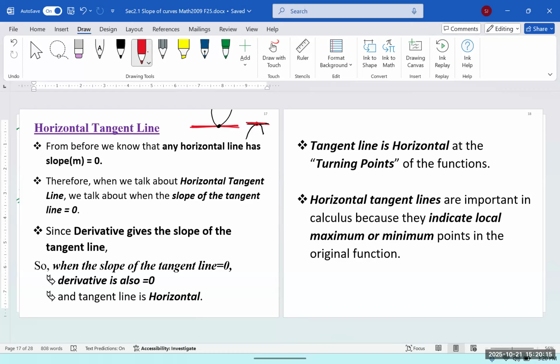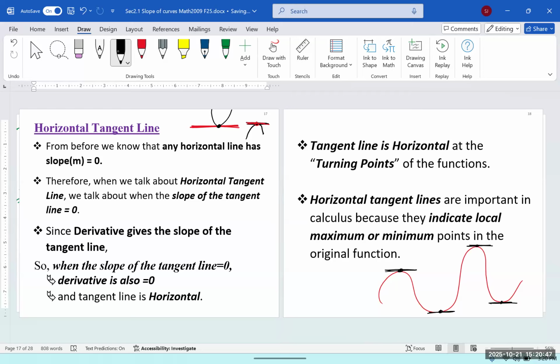Horizontal tangent lines are important because they give us local maximum or local minimum. For example, if you have a curve like this, the curve has a turning point here, a turning point here, a turning point here, and a turning point here. There are so many turning points, and each of these turning points has a horizontal tangent line.